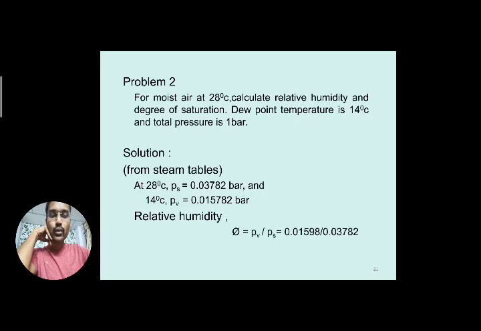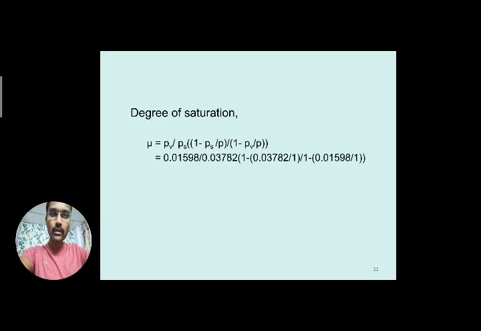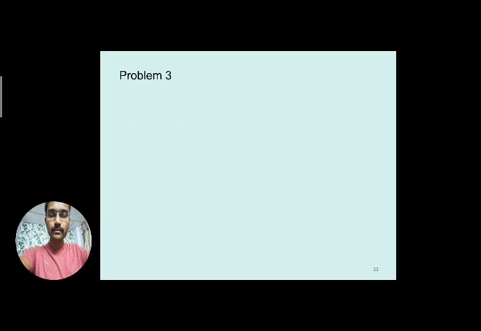Now the RH value phi equals PV by PS. Substituting these values, you get phi as approximately 42.25%. The degree of saturation formula is mu equals PV by PS, and substituting, you will get the degree of saturation as 0.4131.